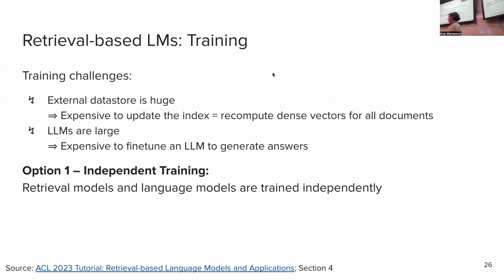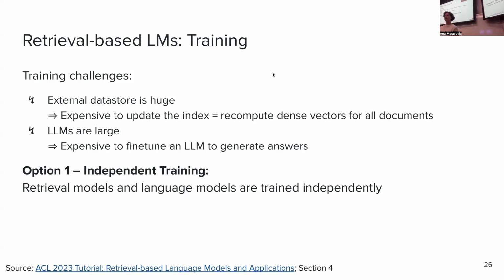Now, let's talk about training. We have this retrieval part and the answer extraction or generation part. We can treat them as independent, right? During training, we can train retrieval to retrieve, and we can train answer generation by giving it the actual relevant documents and asking it to generate the answer or extract it.